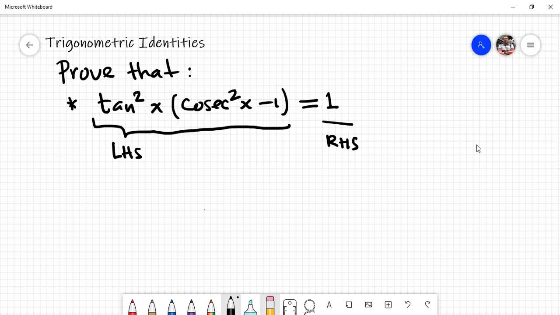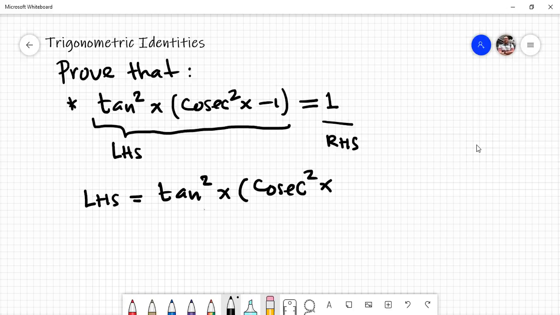Okay, so let's start by taking the left hand side expression, which is tangent square x times cosecant square x minus 1.